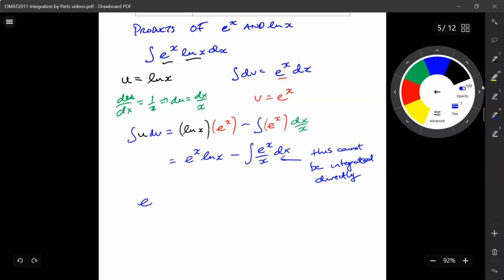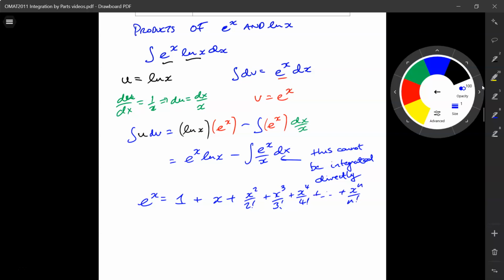So exponential x by the Maclaurin series is equal to 1 plus x plus x squared over 2 factorial plus x cubed over 3 factorial plus x to the 4 over 4 factorial, and so on. And it goes up to x to the n over n factorial.